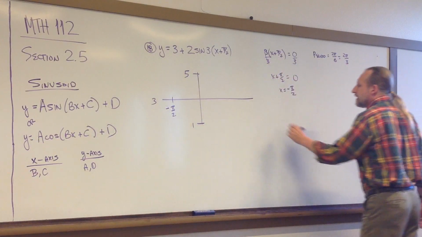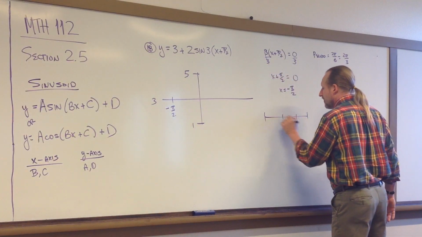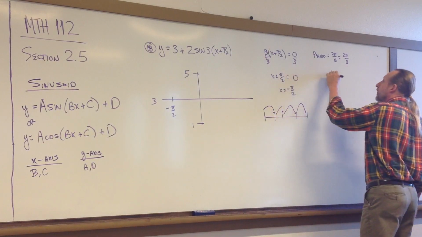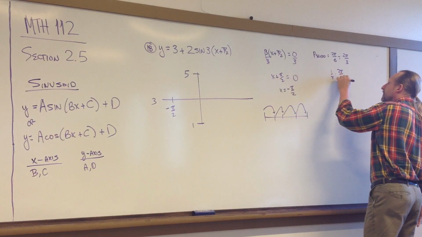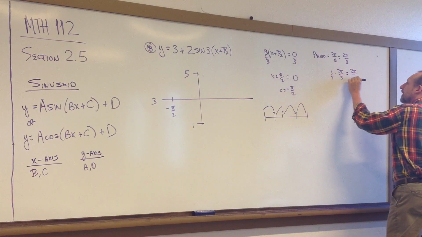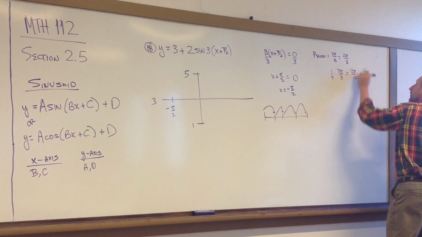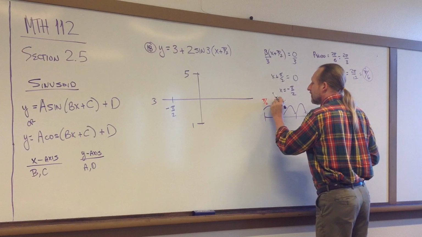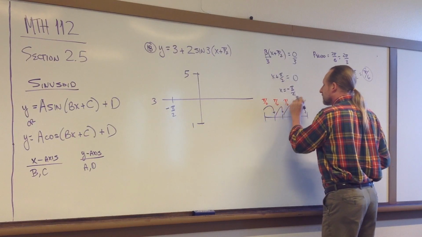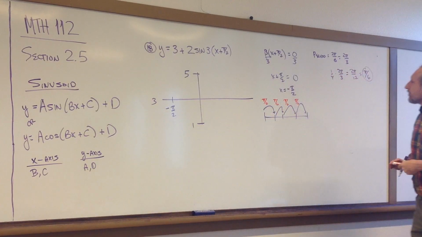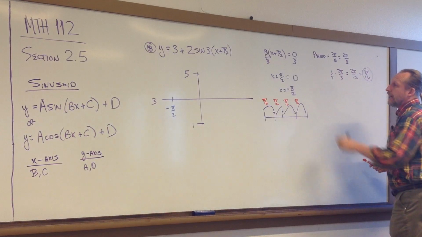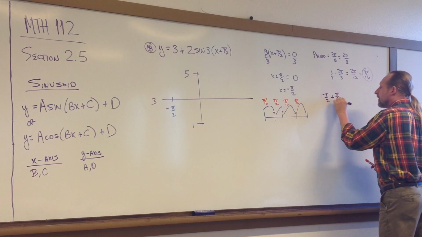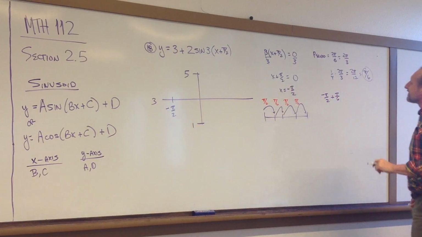And let's see, each of these 4 jumps is going to be 1/4 of the period. So that's going to be 2 pi over 12, which is pi over 6. So each of these little jumps is pi over 6. And so let's go ahead and add those on to our starting point, negative pi over 2.